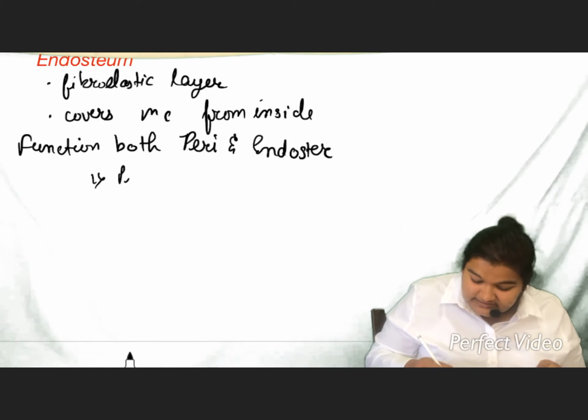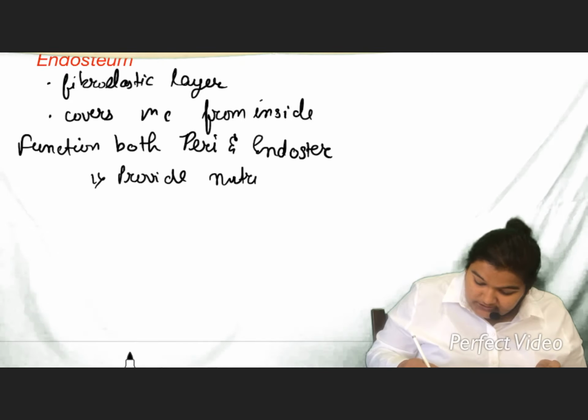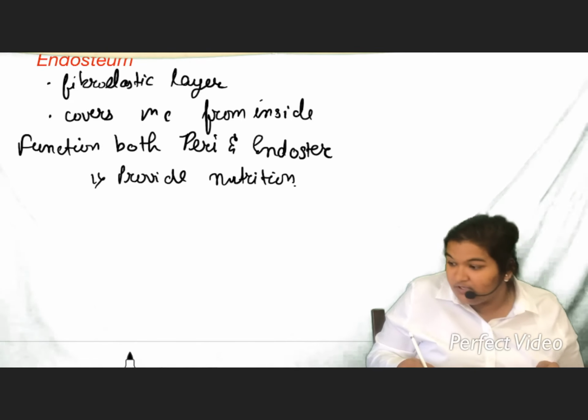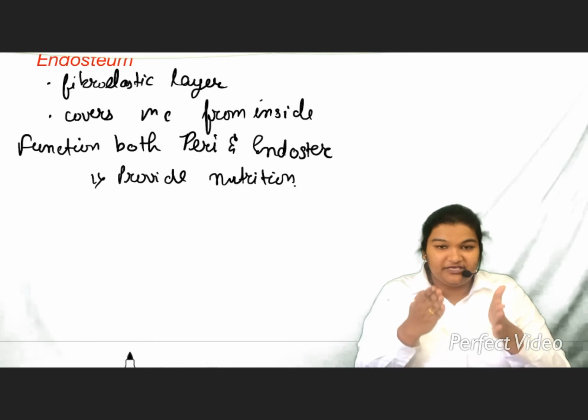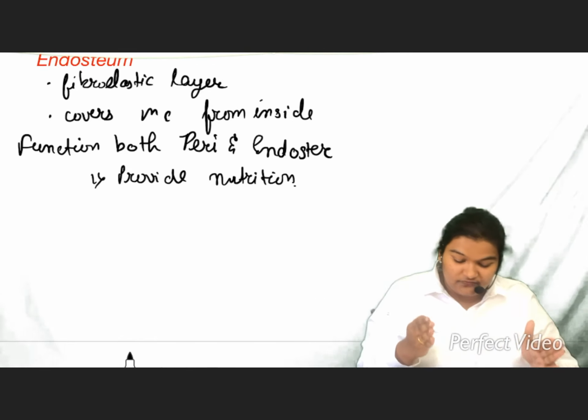The first is that it provides nutrition to bone, because you get the arterial supply from the periosteum to some part of the cortex of the bone.